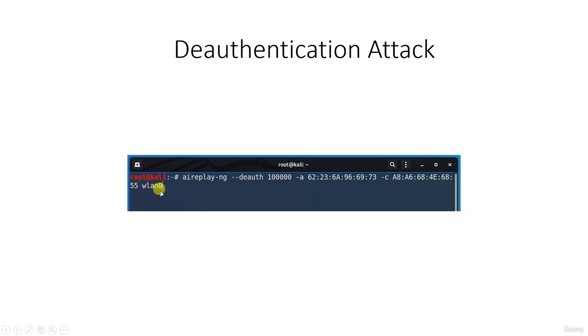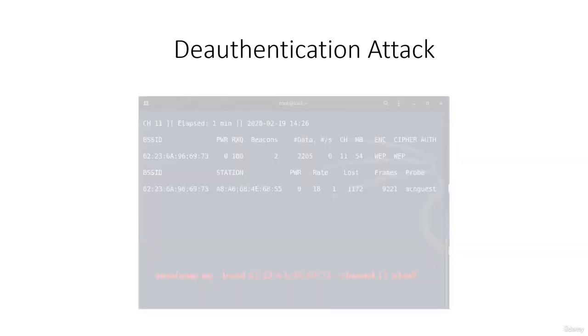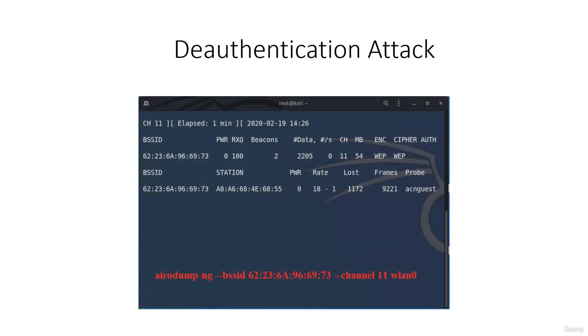And wlan0 is the name of your wireless adapter in monitor mode. So after running aireplay-ng, the device having this MAC address will be disconnected from the internet, and the lost column, as you can see, shows a large number of lost packets.